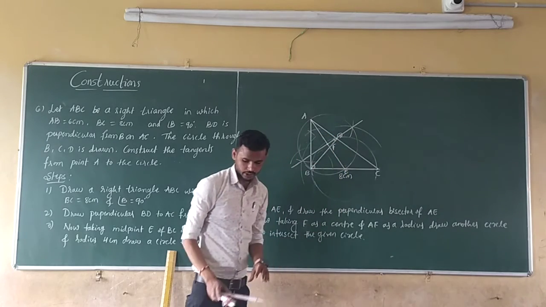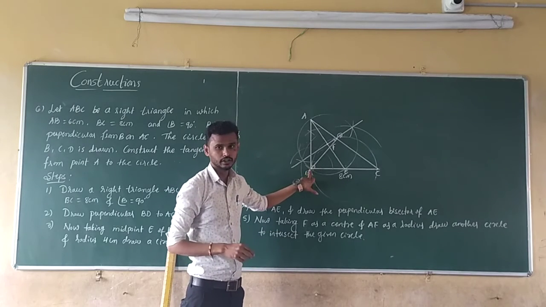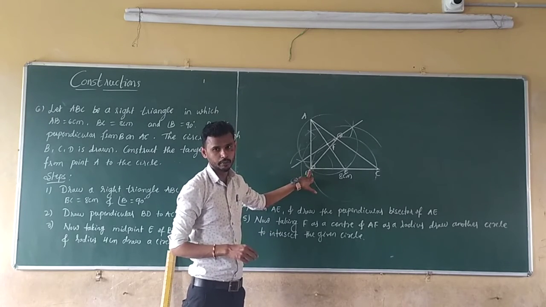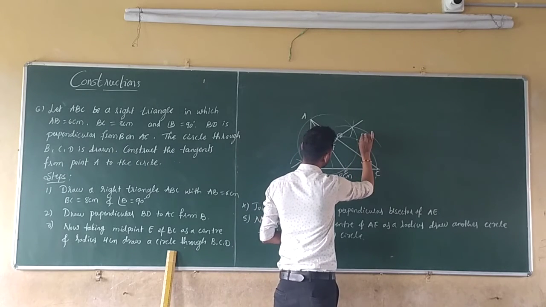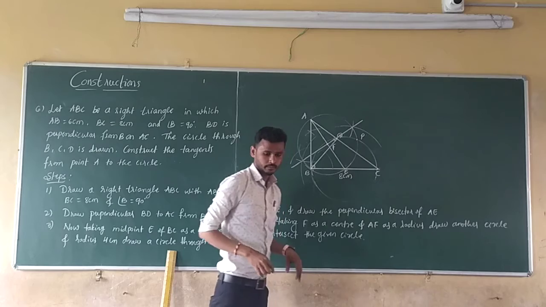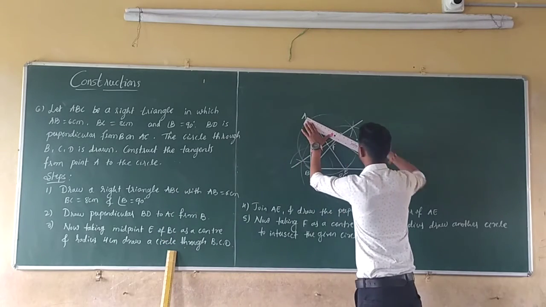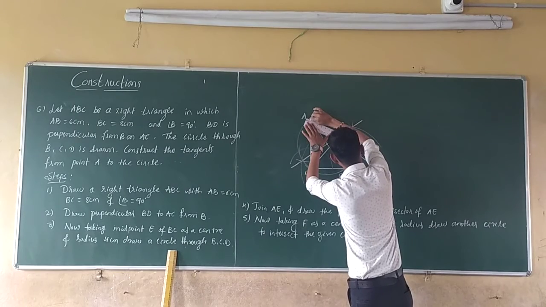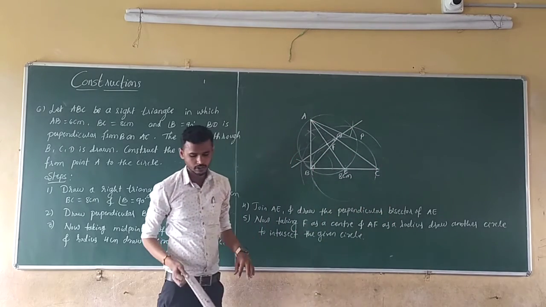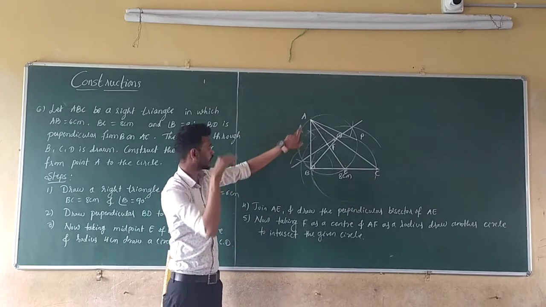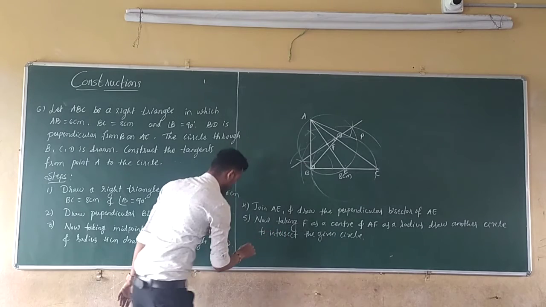Already it has intersected the given circle at the point B, and one more point is here now. Let us take that one as point P and join AP. So here the required tangents are AB and AP.